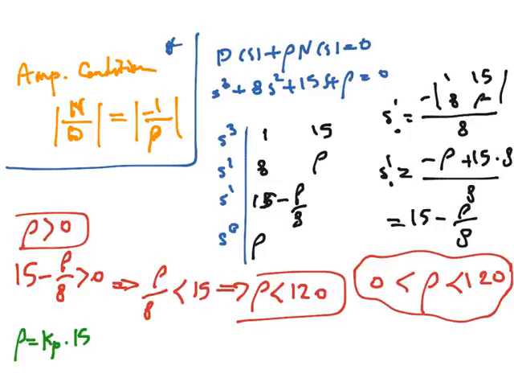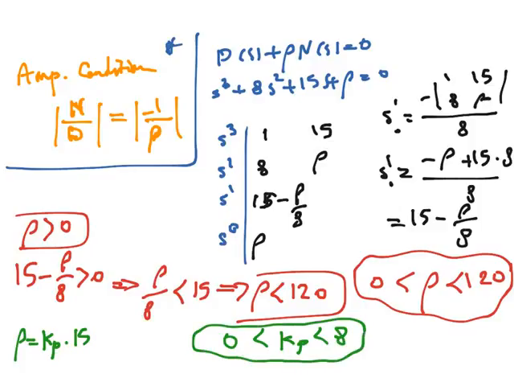So for Kp, we can find the range: Kp between 0 and 120 divided by 15, which is equal to 8. This will be the range of values for Kp in which our closed loop system is stable.